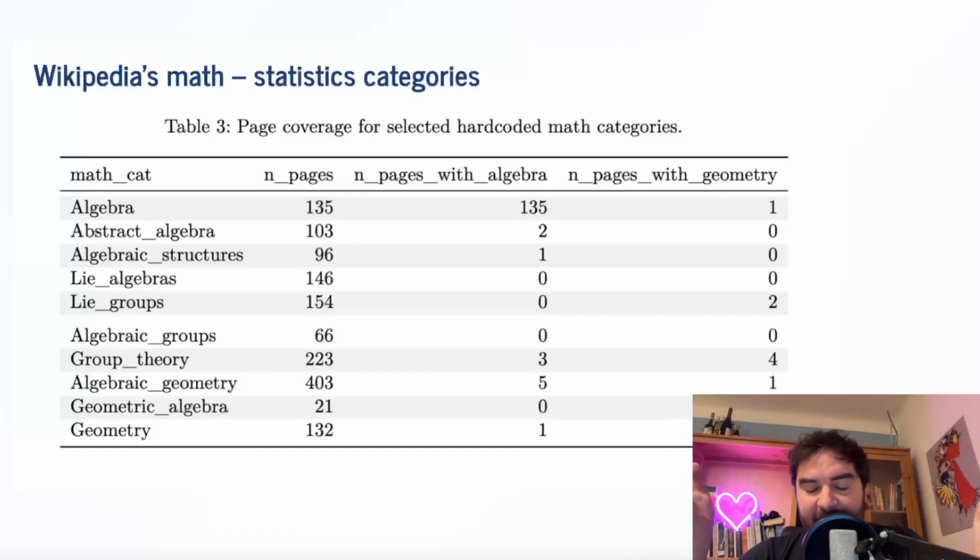You could phrase it as a fight for pages. It makes it a little bit difficult to take a page and say what the main Wikipedia category for it is, which was also one of the motivations to create my own category.